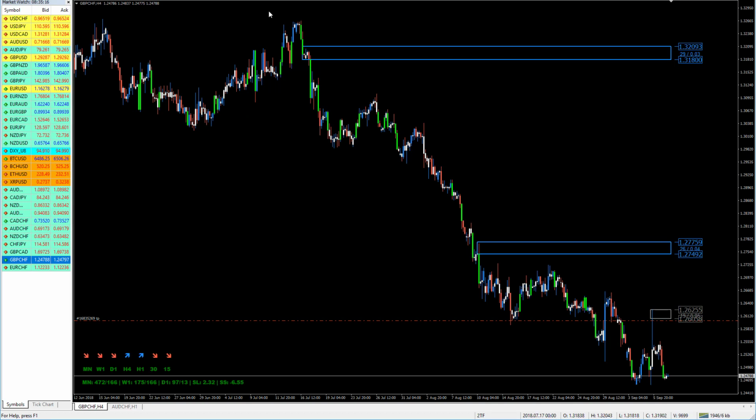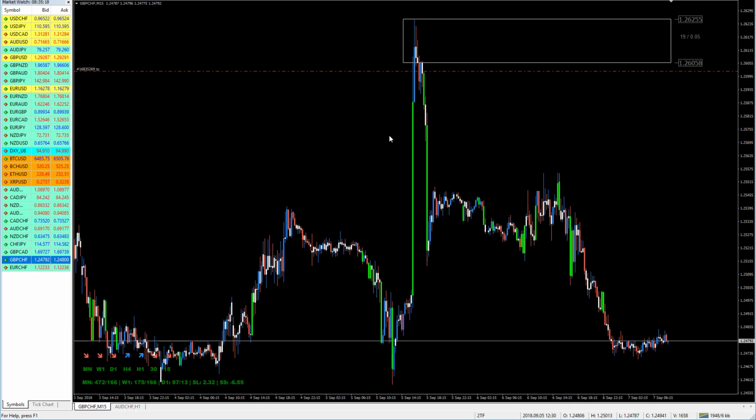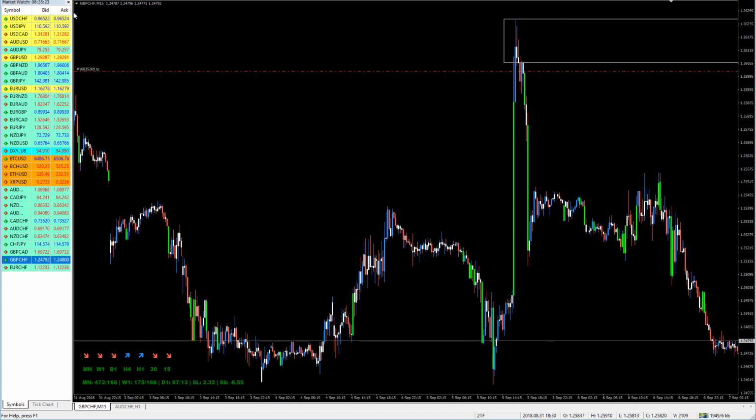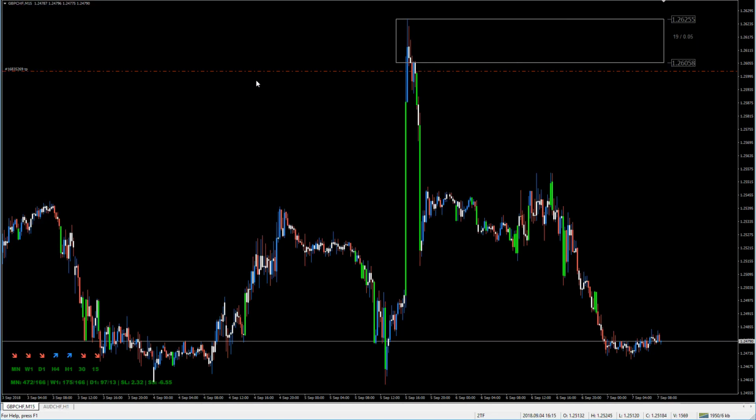And the question was whether a 15-minute entry would be qualified here. So I'm going to have a look at this, and we're going to talk about why or why not this would be a good trade. Well, first of all, you can see that price certainly did leave the area.